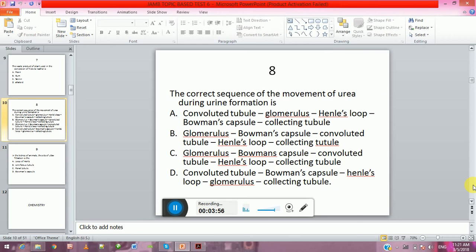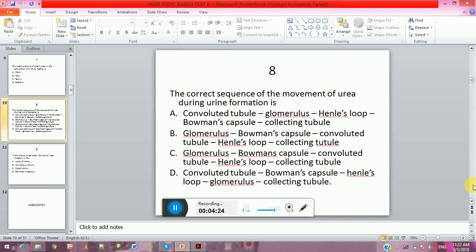The correct sequence of the movement of urea during urine formation is A. Convoluted tubule, glomerulus, Henle slope, Bowman's capsule, collecting tubule. B. Glomerulus, Bowman's capsule, convoluted tubule, Henle slopes, collecting tubule.